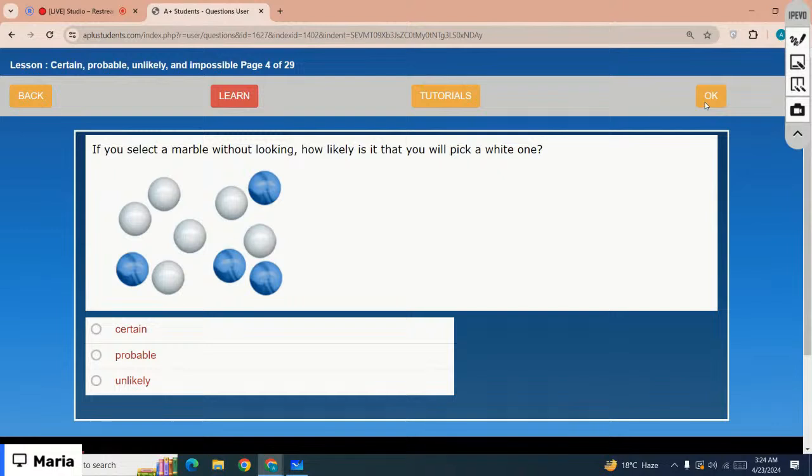If you select a marble without looking, how likely is it that you will pick a white one? Which is the correct option?